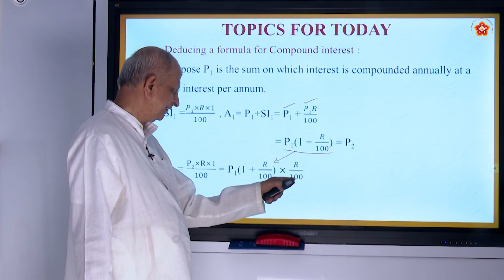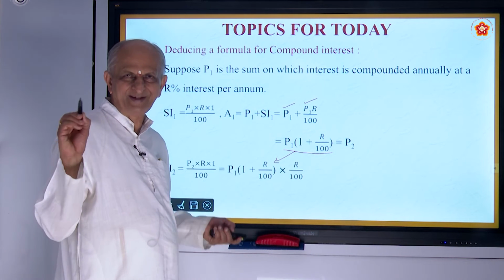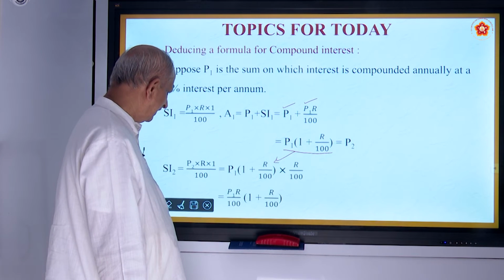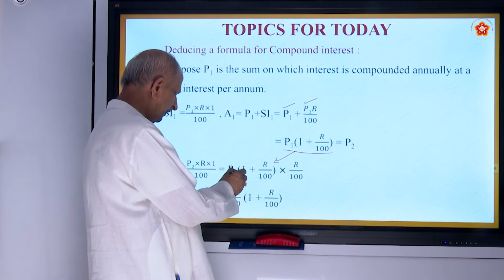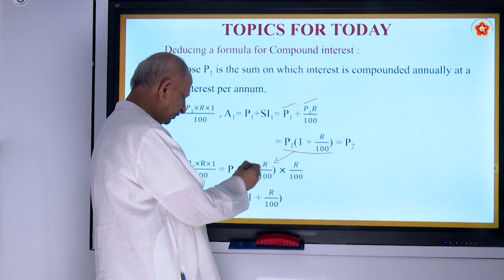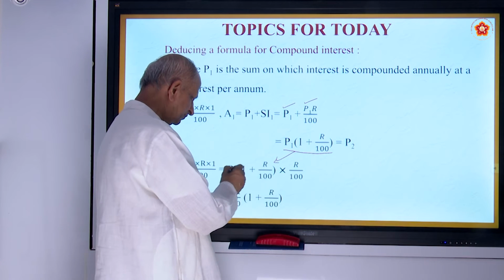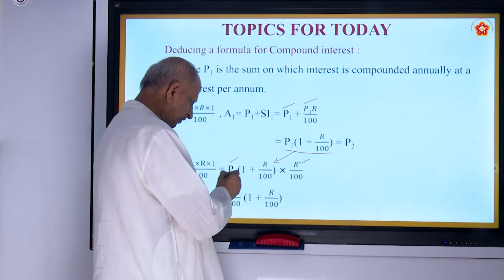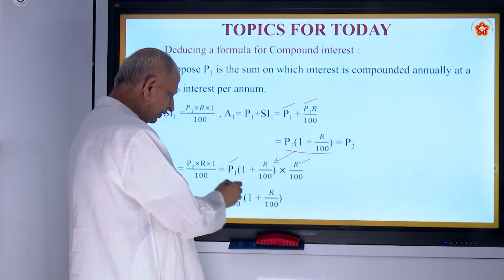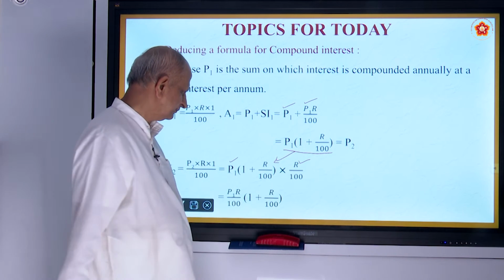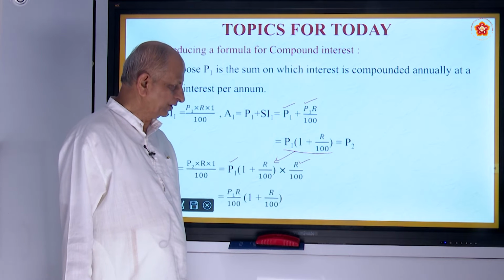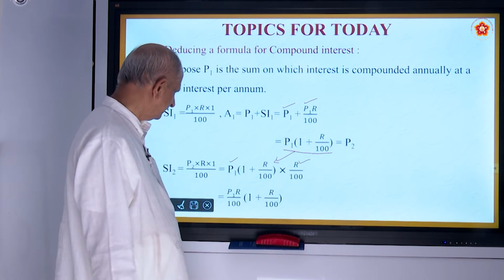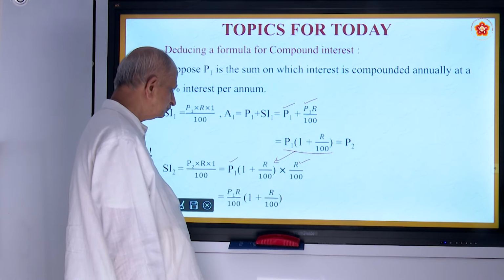The 1 makes no difference because there is no change in the value. And this will be P1 into R by 100. See, P1 is here, R by 100 is here. That you take out, into 1 plus R by 100. So that is SI2.